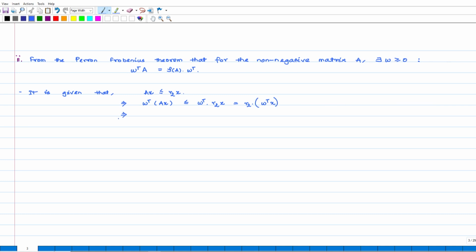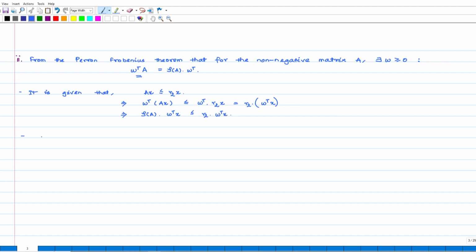And we know that W transpose A, from here we know that it is equal to rho A times W transpose, meaning this becomes rho of A times W transpose x, which is less than or equal to R2 times W transpose x.